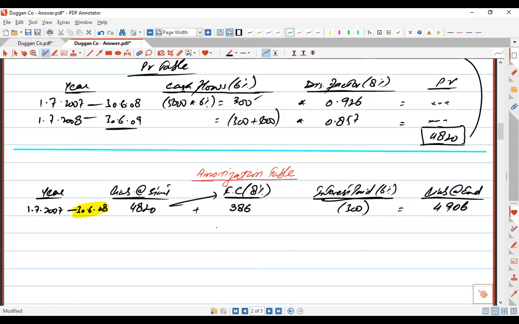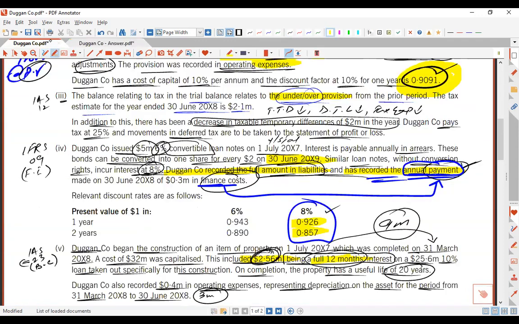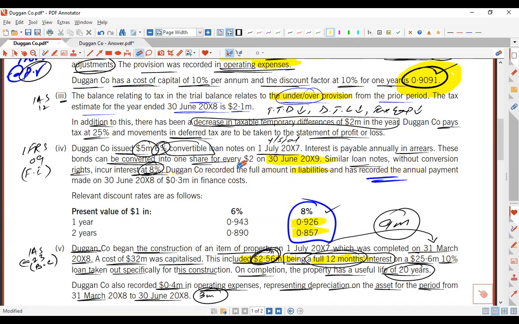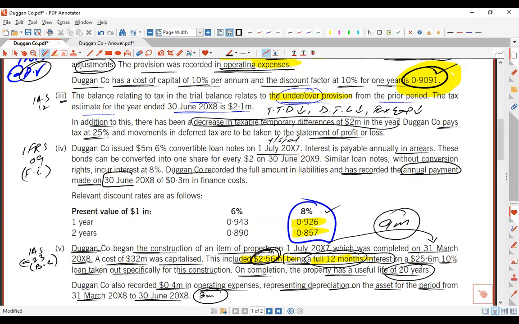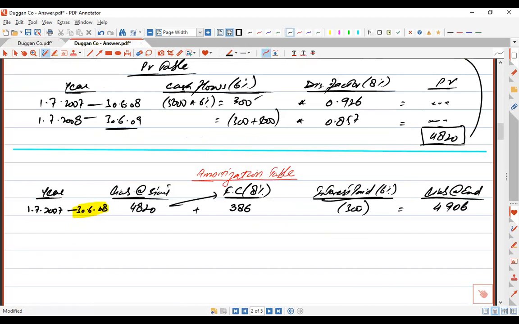By the way, the next thing is very important to understand. Under this transaction, the company has recorded the annual payment made on 30th June at year end of 0.3 in the finance cost. 0.3 means 300.